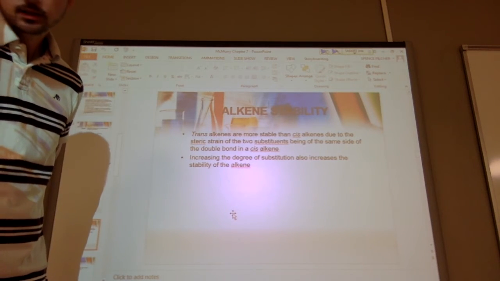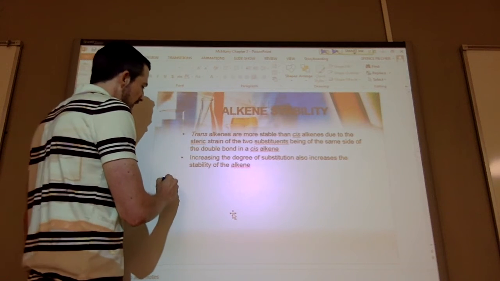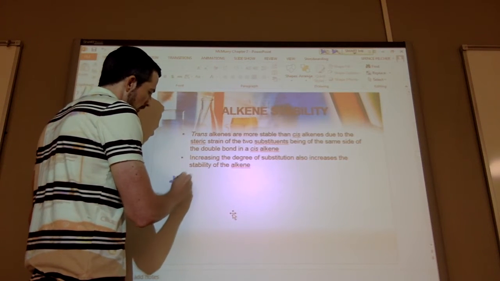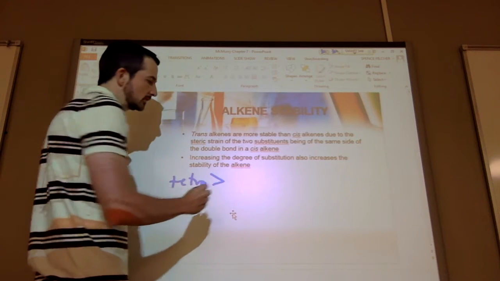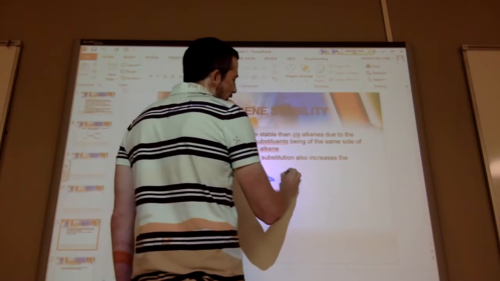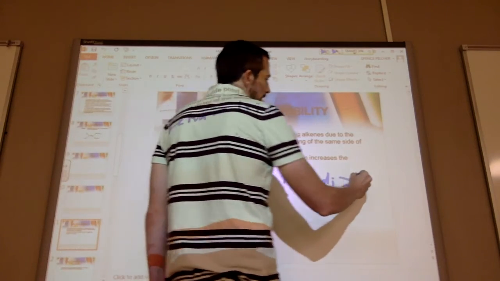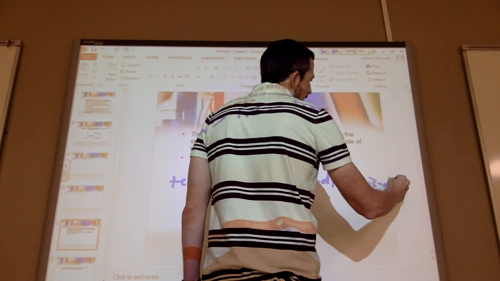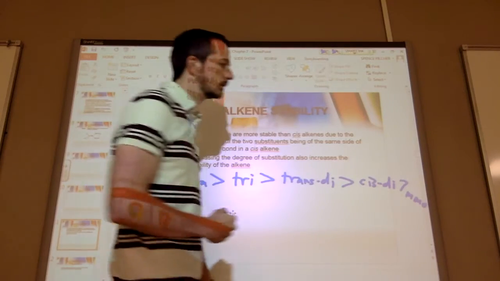So if we look at this though, I'm going to put tetrasubstituted, more stable than tri, more stable than trans di, more stable than cis di, more stable than monosubstituted.